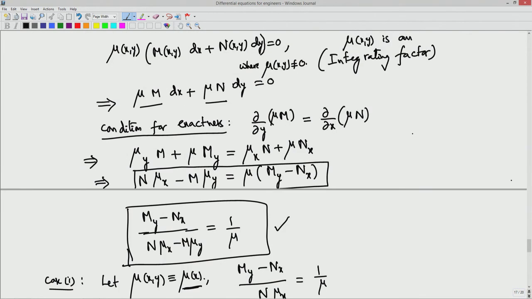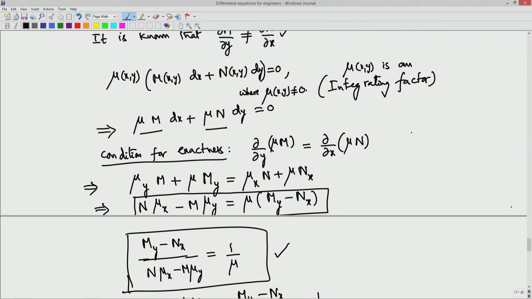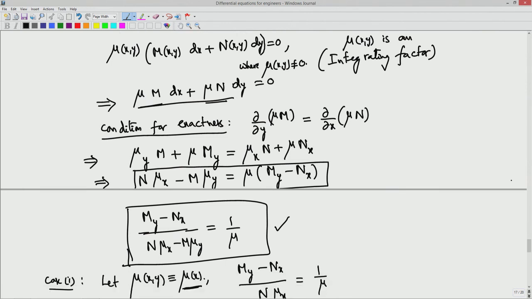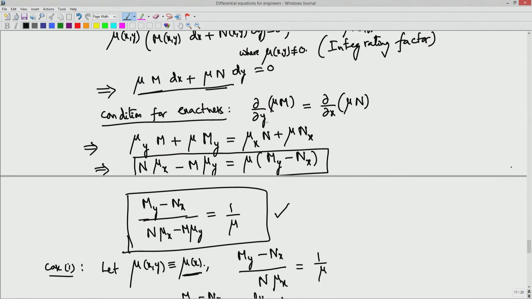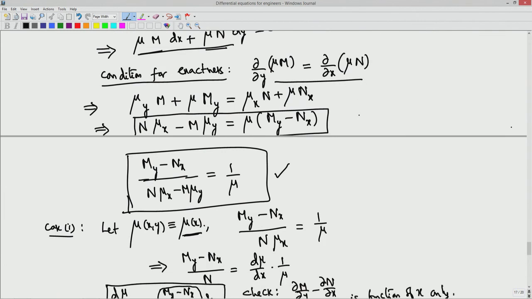So if I multiply the equation by mu of x y, then I hope that the equation becomes exact. For such a mu, it has to satisfy this condition of exactness, which is actually this differential equation for mu.